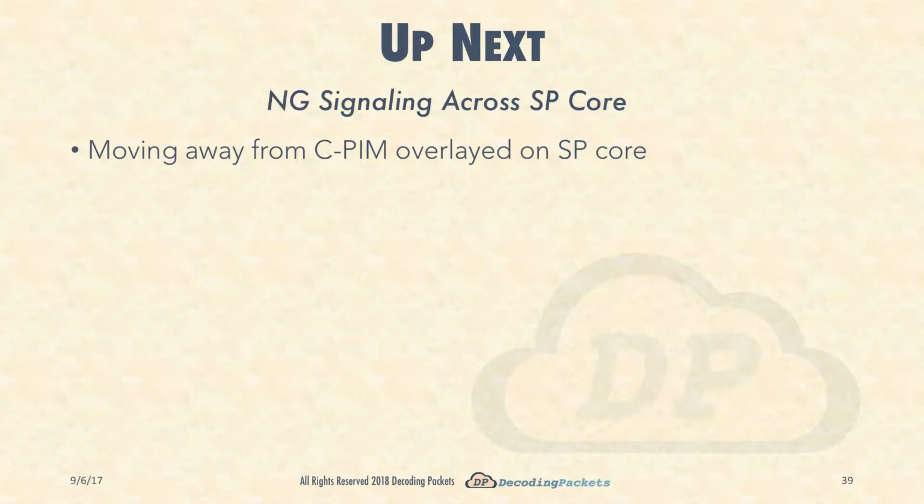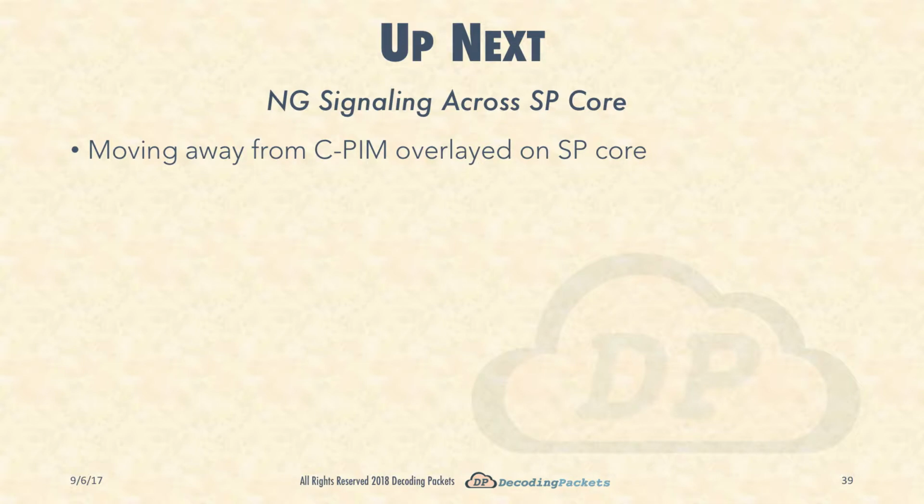So up next, we will further optimize our SP core. So that's all we are doing, right? So we'll keep optimizing and optimizing and optimizing till we get something that we like. So we'll further optimize the MPLS core, and this time we will eliminate the need for C-PIM. So far we have overlaid C-PIM on our SP core. Moving on, we would try to just completely get rid of C-PIM when it comes to signaling across the SP core.